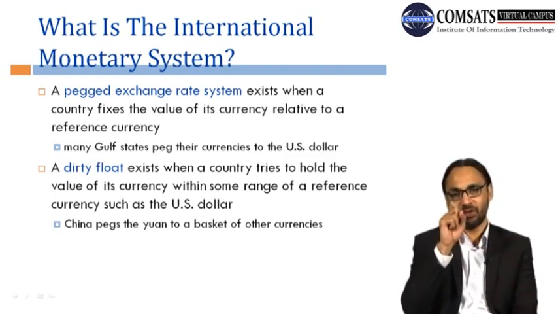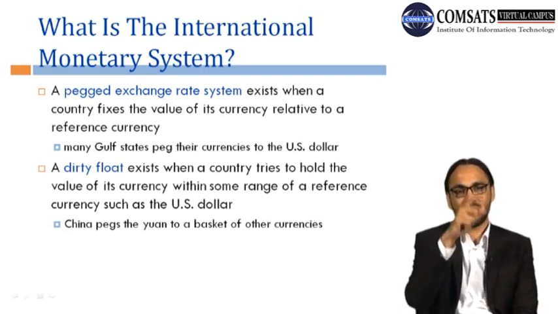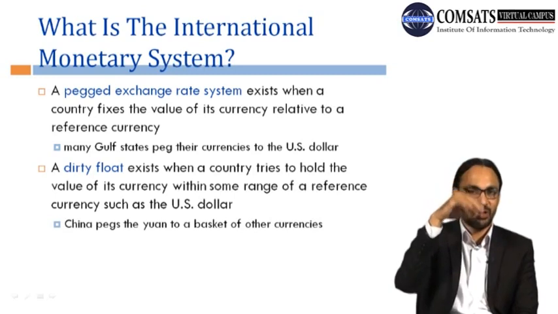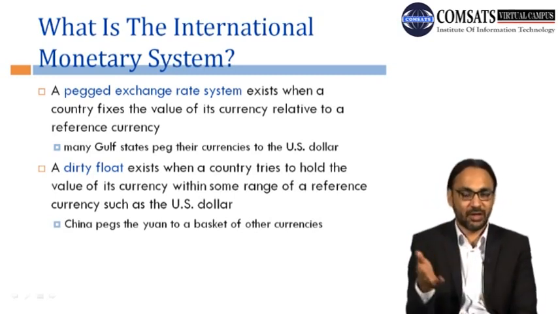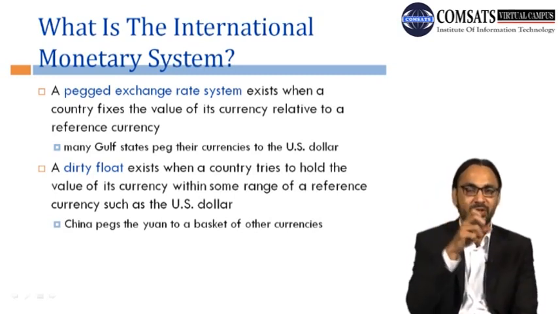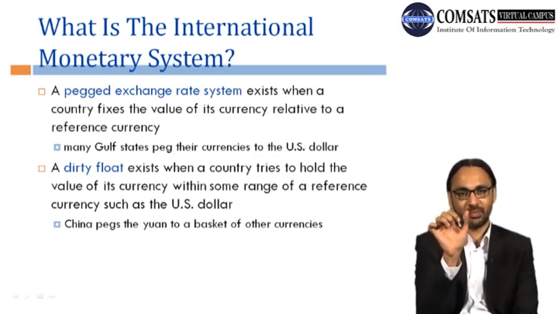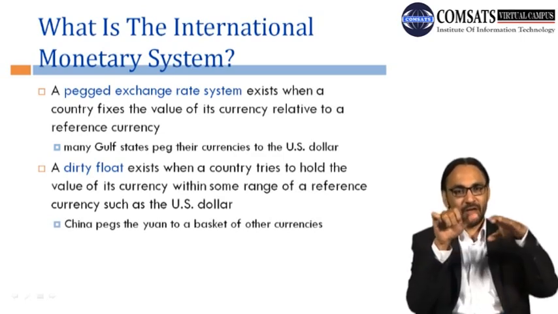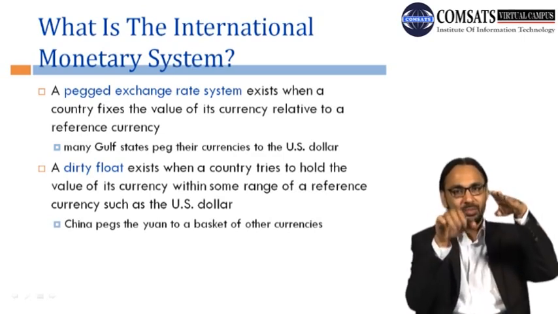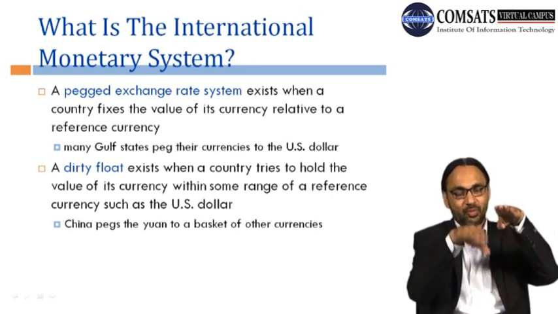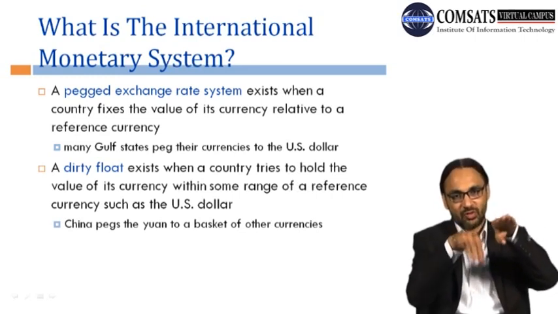They fix their currency with one currency, like the Gulf countries, which fix their riyal with the dollar. If the dollar goes up, their currency will go up. When the dollar goes down, their currency will go down. That's how they peg it. They might fix some exchange rate initially with the dollar, and after that, if the dollar goes up, they go up in the same proportion, with the same exchange rate.